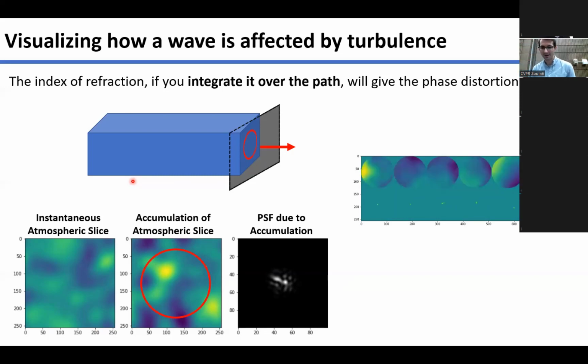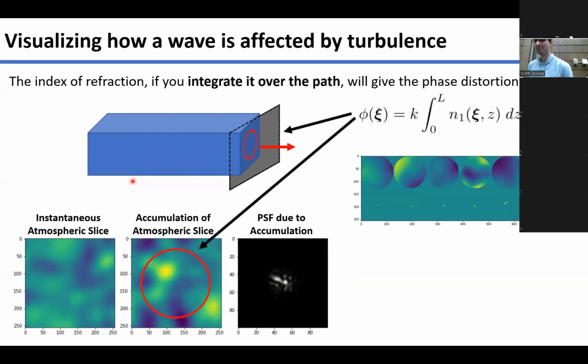And on the right here, I just have a GIF. I think there's a bigger version of it later, where I have what we call random phase realizations. Basically, what does the wave look like after it went through the turbulence, and then the resulting point spread functions, increasing in turbulence strength from left to right.